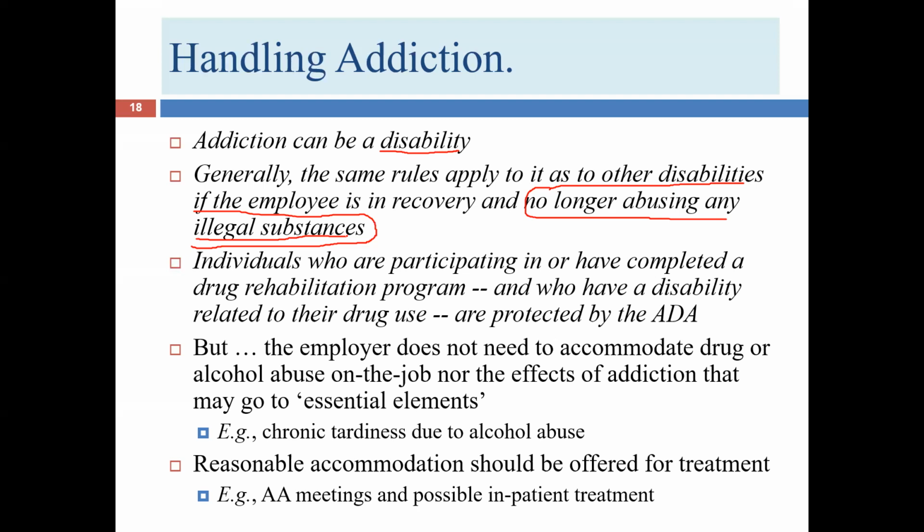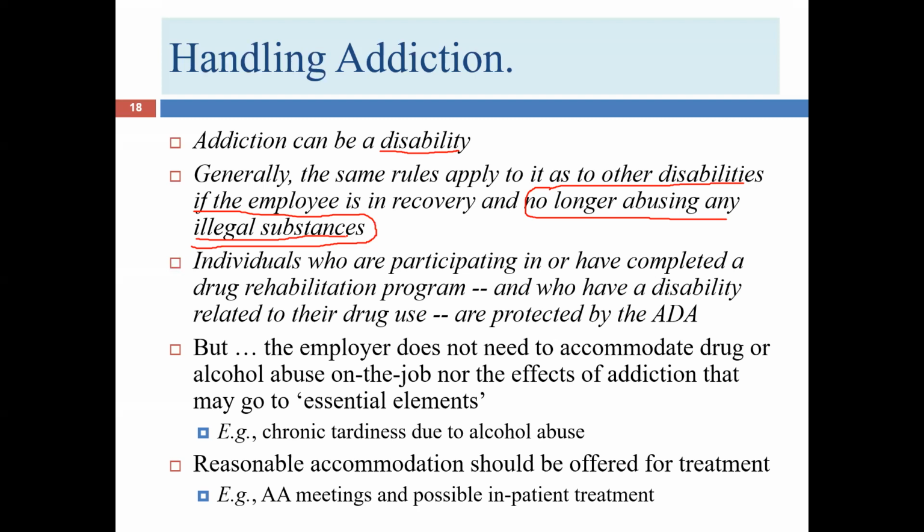But let's say I'm still abusing alcohol and that is causing me to, let's see, what would be an example? I lost my driver's license, and so I have to take the bus to work now.